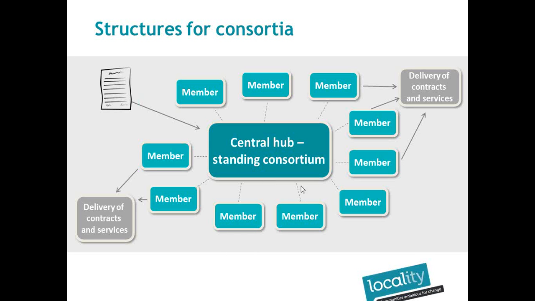It's the contract management machine in the centre there, that does order delivery, and that is then subcontracted out as per whatever the requirements are for each tender. So you can see a couple of tenders here that have come in, and in the top right hand corner you'll see there are only 3 members that are going to be delivering on that contract, but it's all arranged by the central hub and the standing consortium.